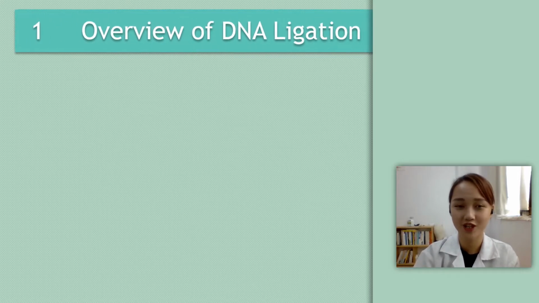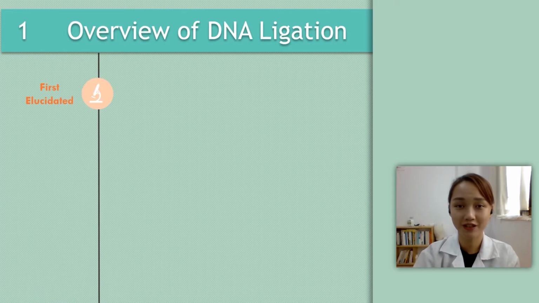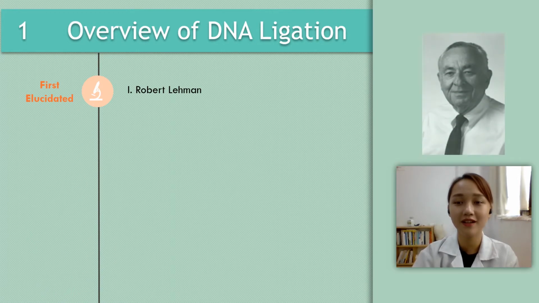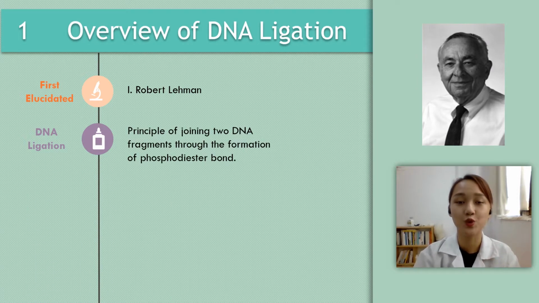So now, let us go to the first part, which is the overview of DNA ligation. Generally, the first illustrated person is Arab Lemon, which is the guy in the photo. The principle of DNA ligation is to join two DNA fragments through the formation of phosphodiester bonds.